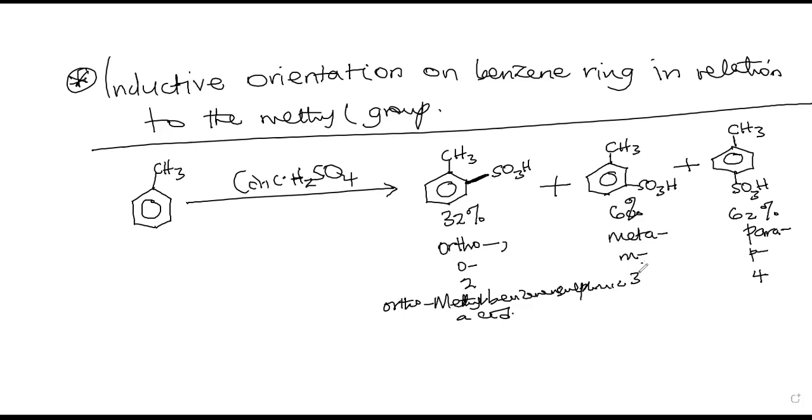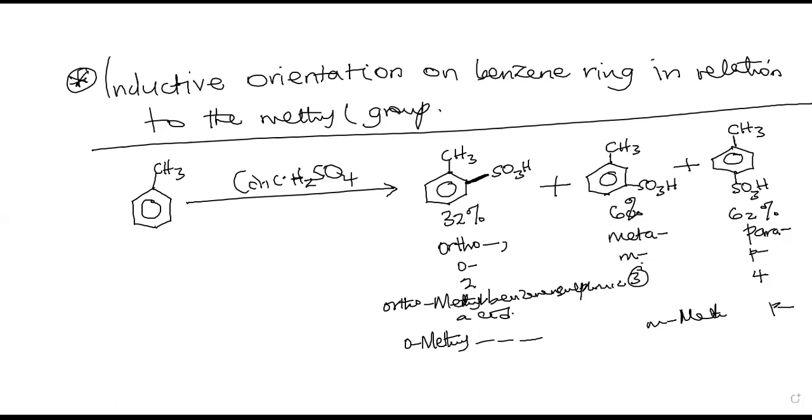This one here, on the third position, one can name it as meta, hyphen, methylbenzene sulfonic acid. Then the one on the fourth position, one can name it as para, hyphen, methylbenzene sulfonic acid. Instead of using these, one can as well say o-methylbenzene sulfonic acid, m-methylbenzene sulfonic acid, p-methylbenzene sulfonic acid. So that way you would have named it.